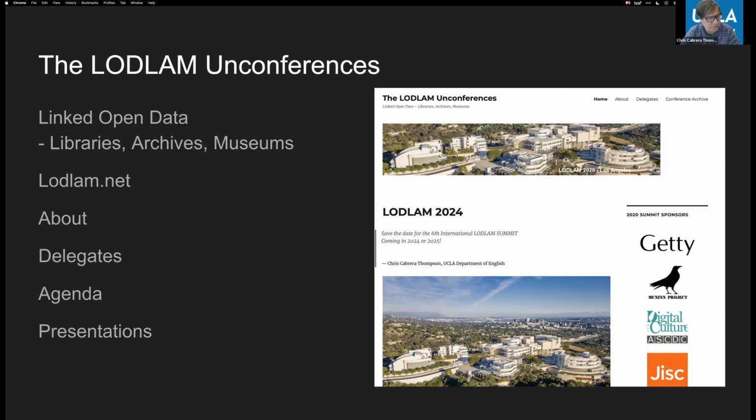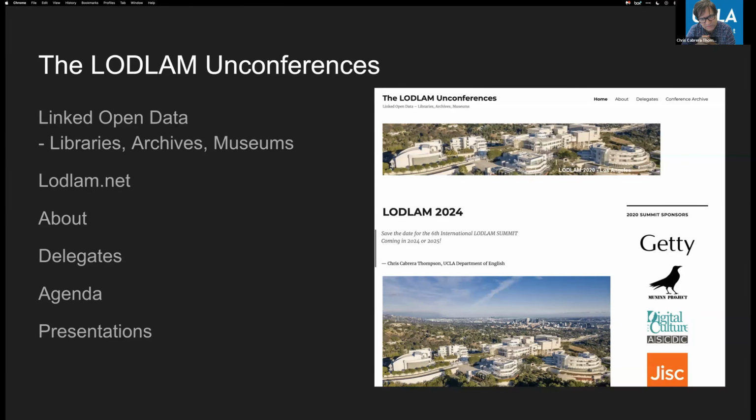But first I wanted to go through what LODLAM unconferences are, to talk a little bit about this project, how it's sort of structured. It's got this delegates grouping where people apply to become a delegate. They come to the conference. Typically, it's in the unconference mode where we try to show and tell primarily, and learn what other museums and libraries are up to in this area.